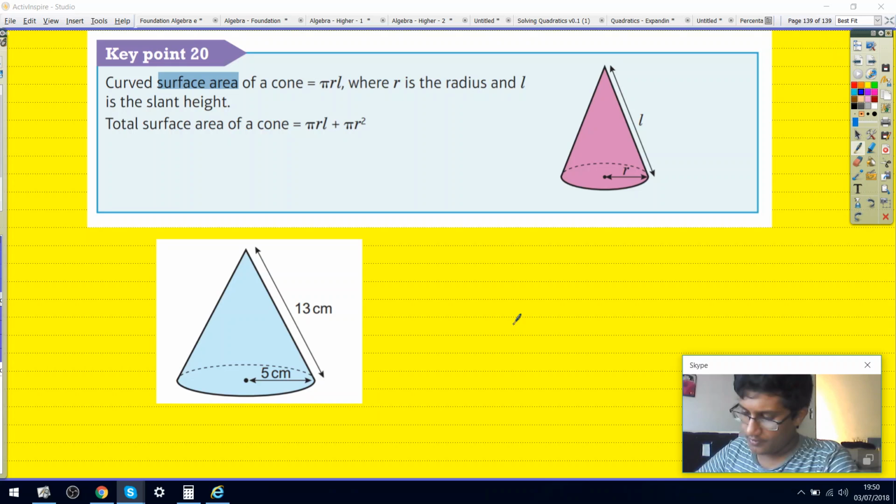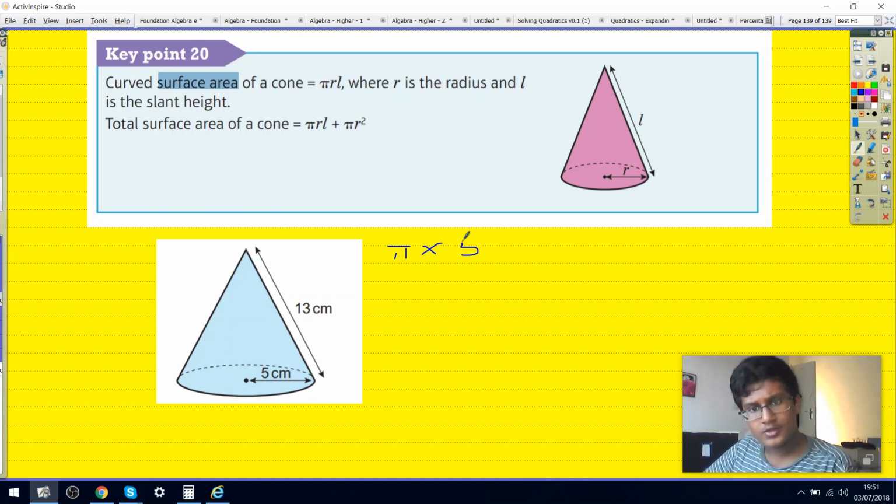That will be pi r l plus pi r squared, which equals pi times 5 times 13 plus 5 squared times pi. That gives us 90 pi.